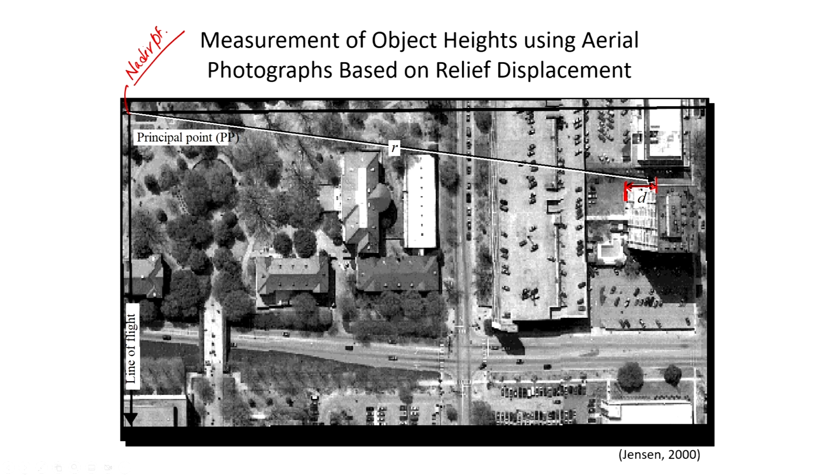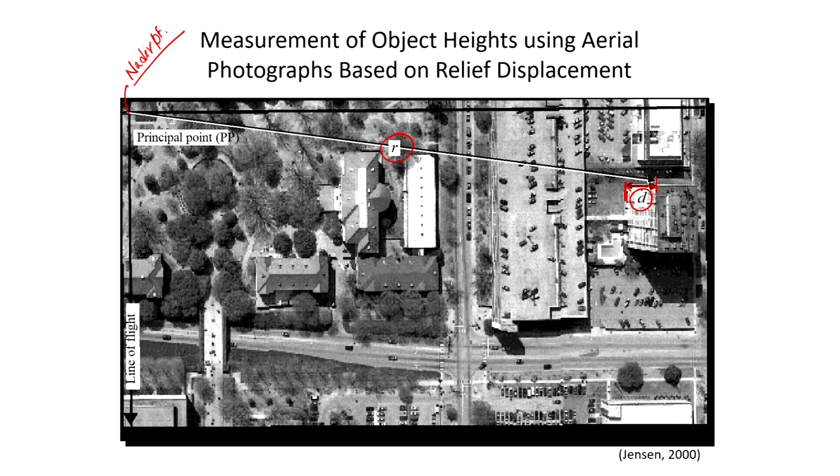What you can do is take the distance from the principal point to the top. That will help, and we will see in the next slide how it helps us. Then also measure this distance over here on the photograph.